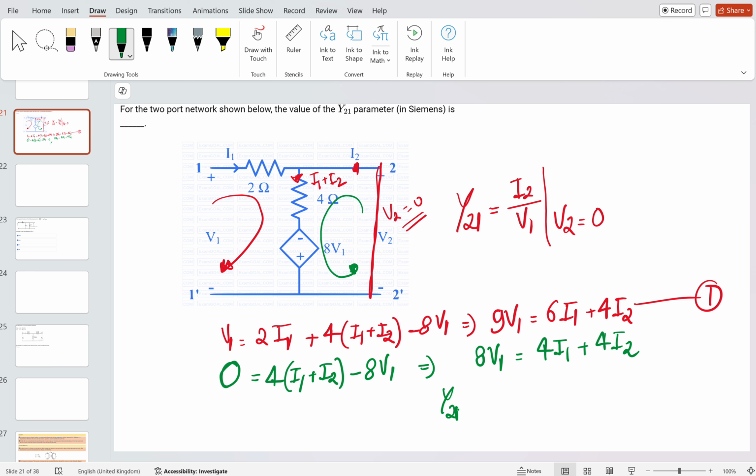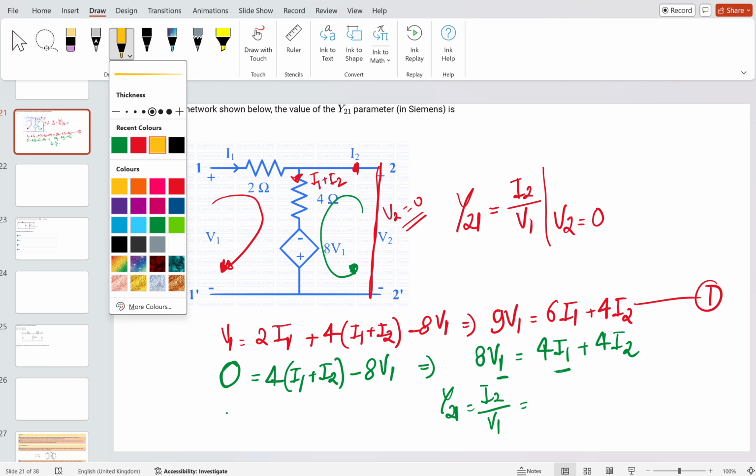Let's find out the value of Y21 at I2 by V1 basically. I2 by V1, 4 times I here, so 8 times V1 here. So they are coming nearly, not exactly equal. So the question is having some fault.